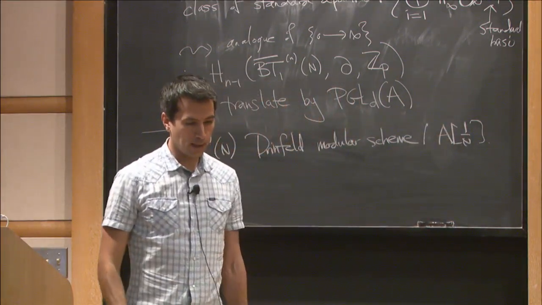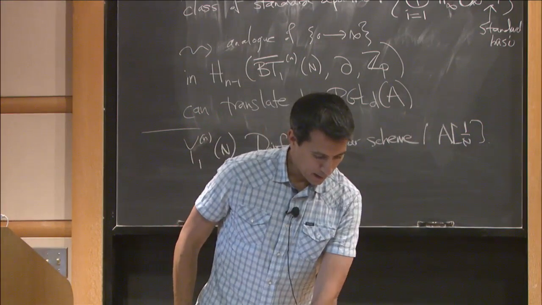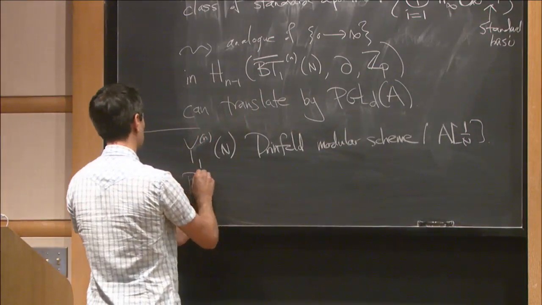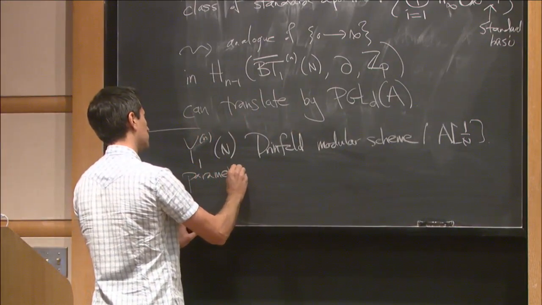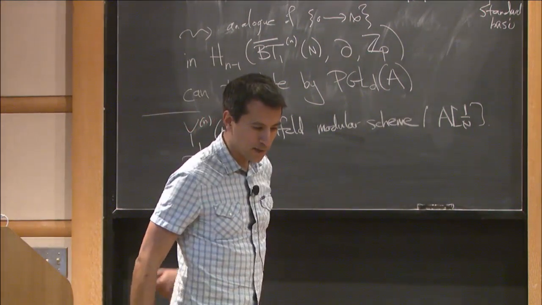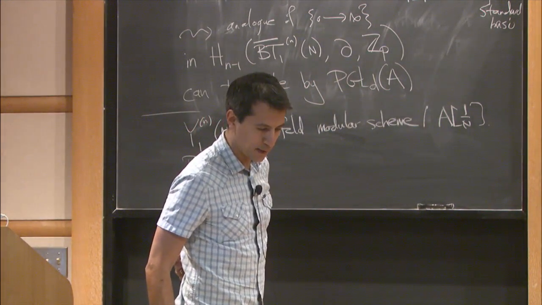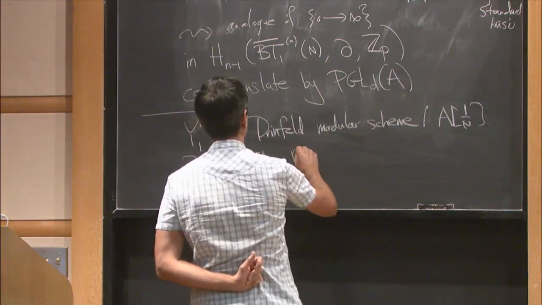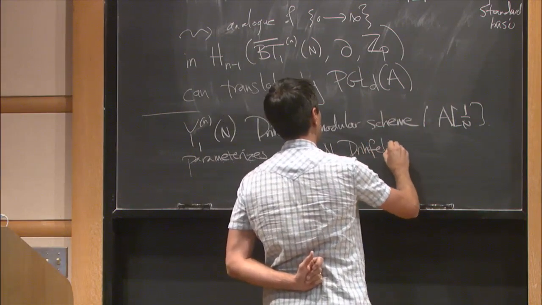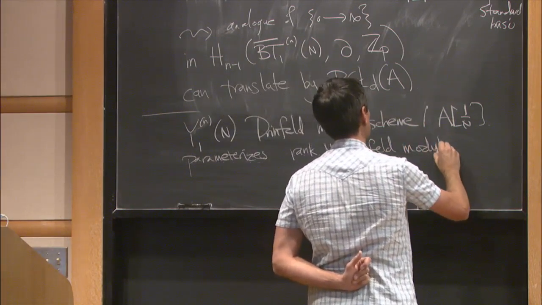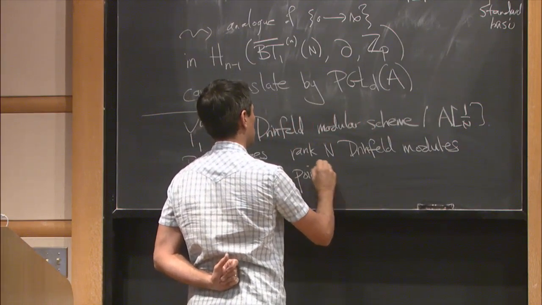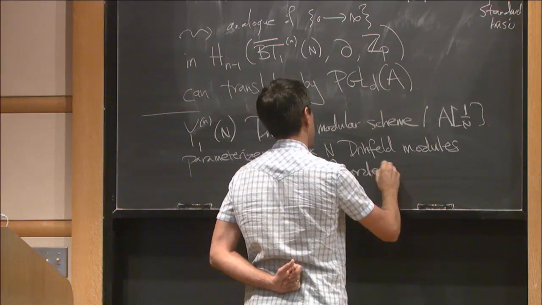And this parameterizes, if you like, its points over an S, over an A 1 over n scheme: rank n Drinfeld modules plus a point of order n.